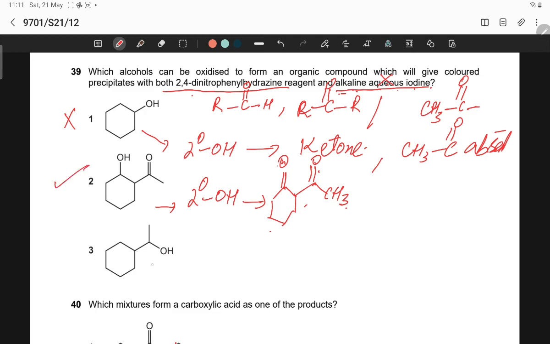Third, this is also a secondary alcohol and gives a ketone.